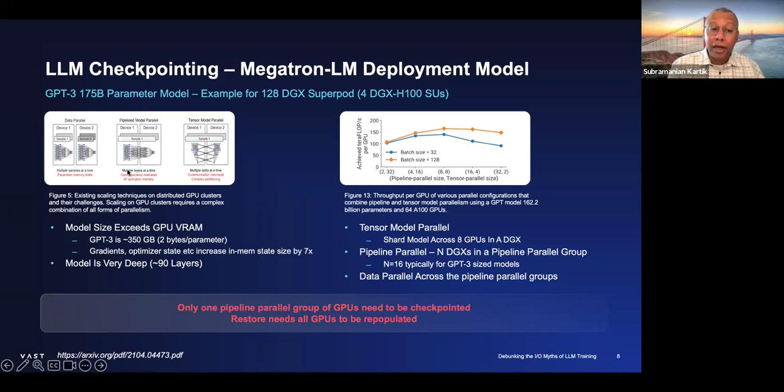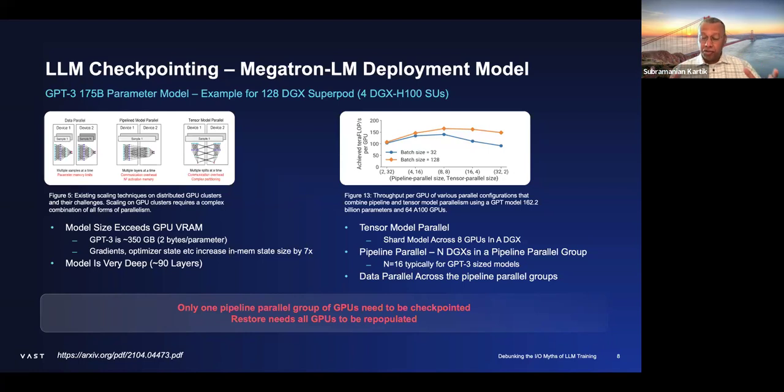So some layers get done on one of the GPU servers, and they pipeline that to the next server, which has the other layers, and so on and so forth. And you spread both the pipeline and the model across a set of GPU servers. This group of GPU servers, HGXs or DGXs, is called a pipeline parallel group.